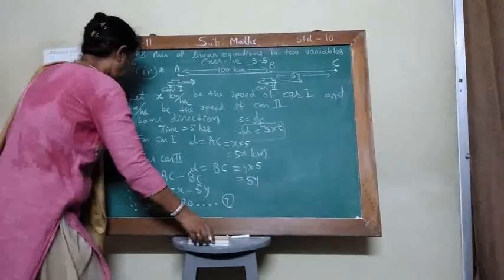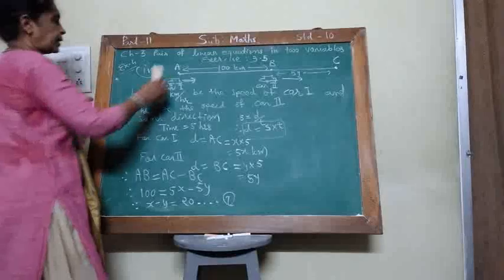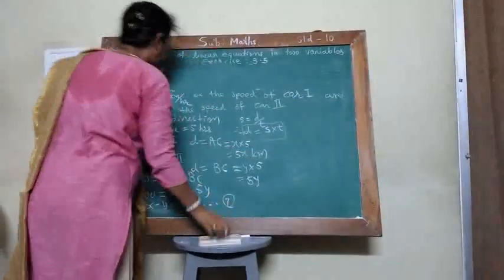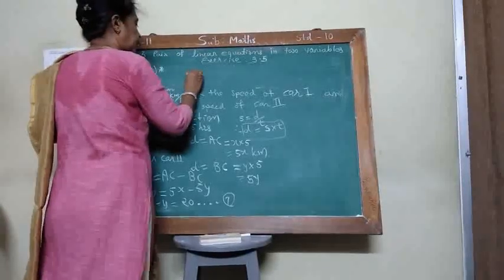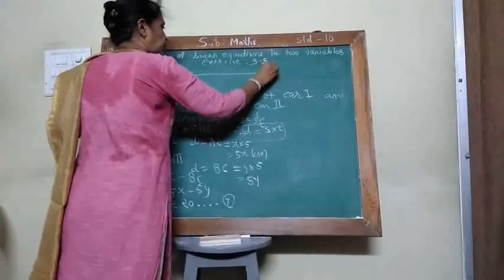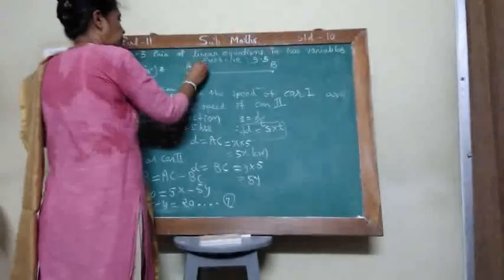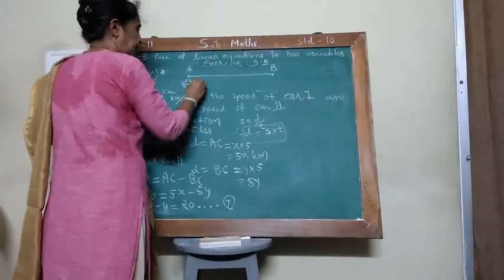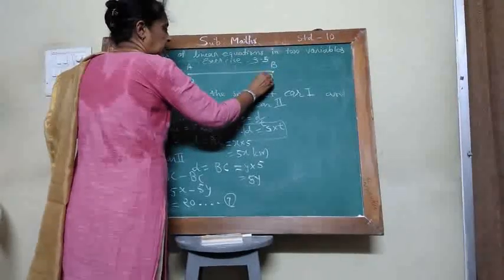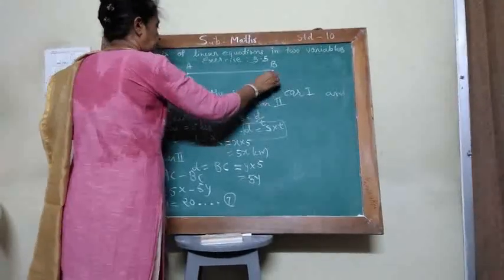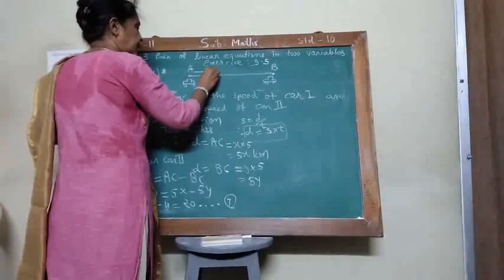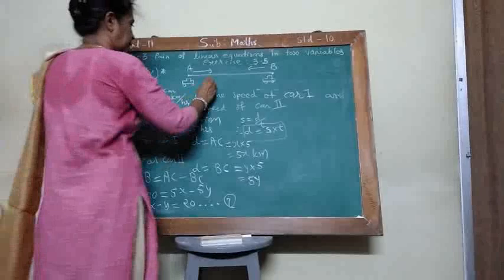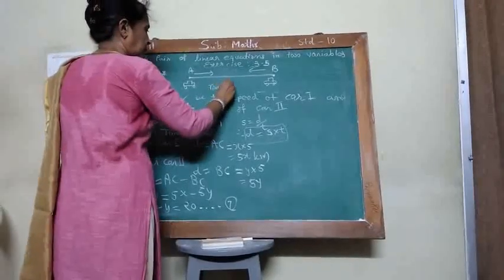And now I take the second case, if they travel in opposite directions. So again I draw a second figure. You have to draw two figures. Now car 1 is at place A and car 2 at place B, and they travel like this in opposite directions. Time is 1 hour. They meet after 1 hour.